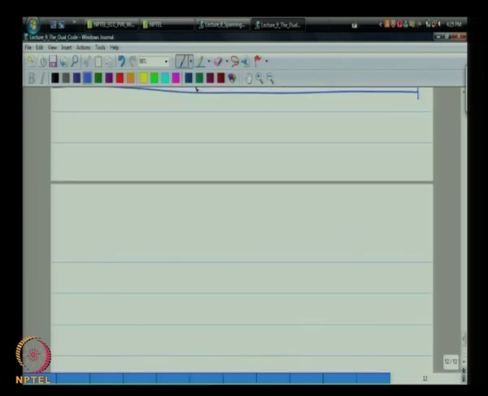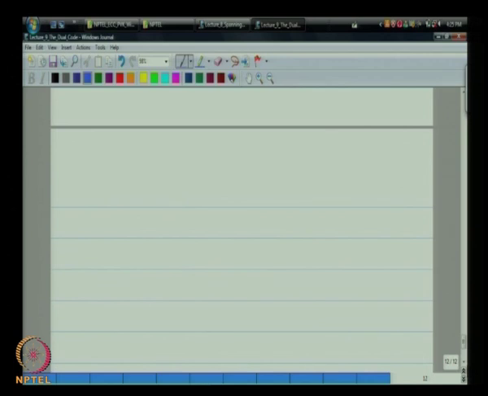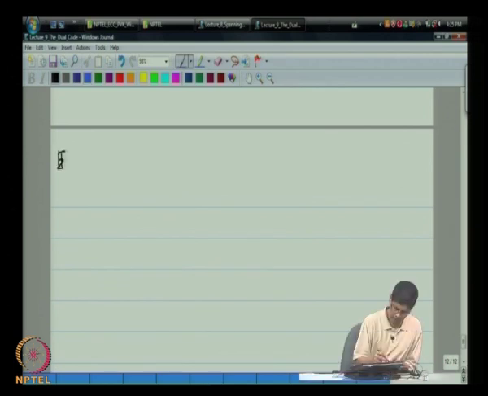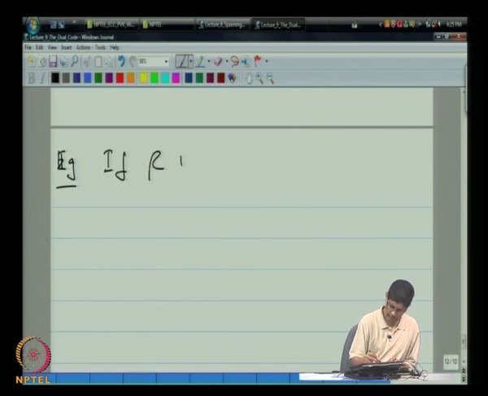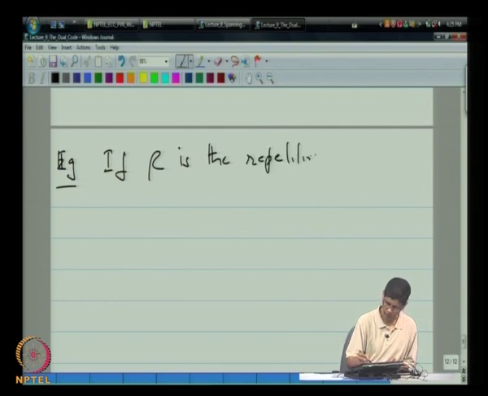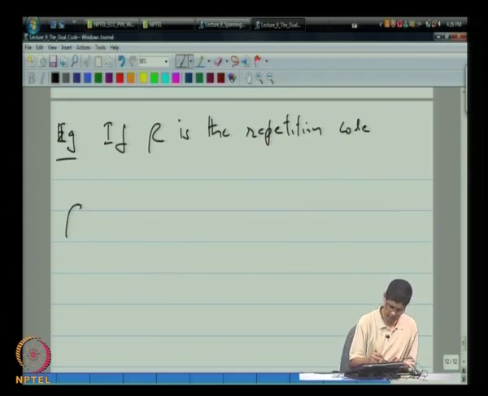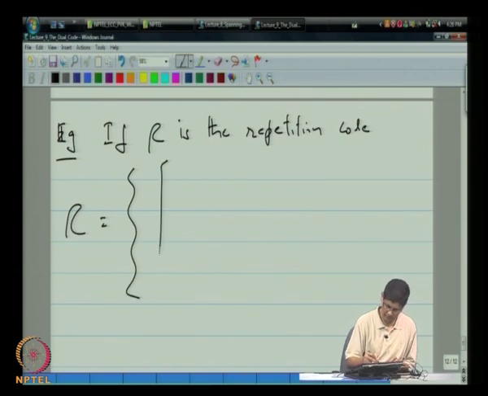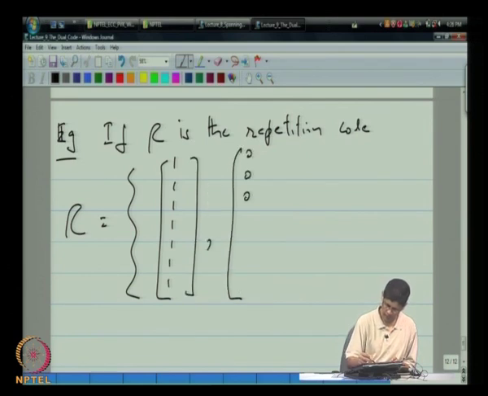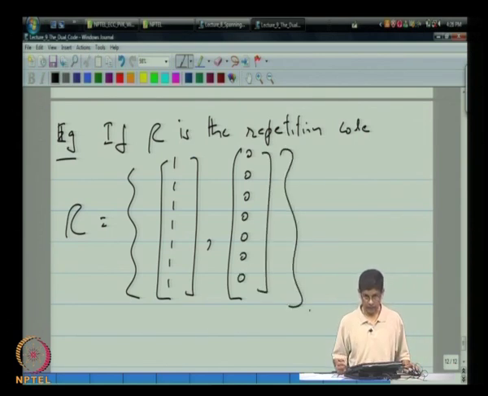Let us do a quick example. If C is the repetition code, that is, C consists of the vectors 0 and the all one vector.